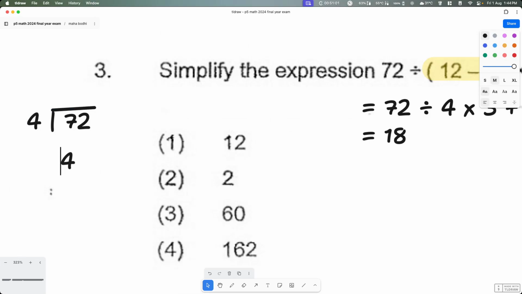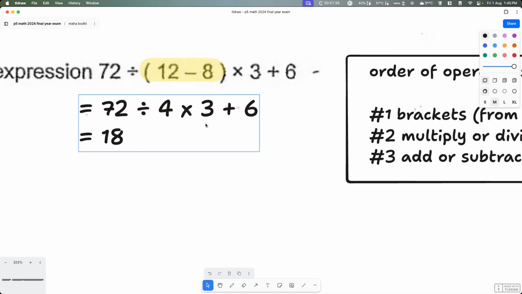We just minus 4 in this case, so this will then become 1. Then 7 minus 4 is 3. Put 2 down. We can get 32 by multiplying 4 by 8. So 32 minus 32, and this will become 0. Pretty straightforward. So this will be 18. So 72 divided by 4 is 18.